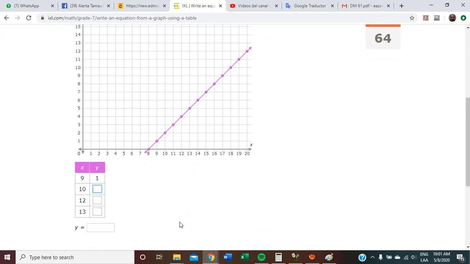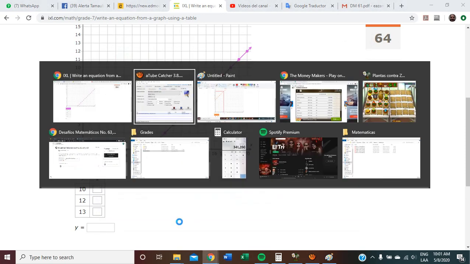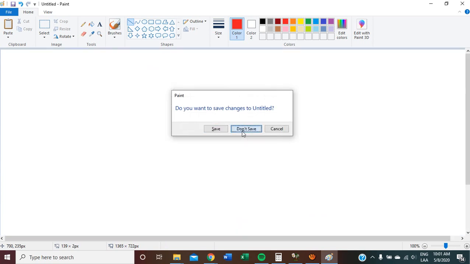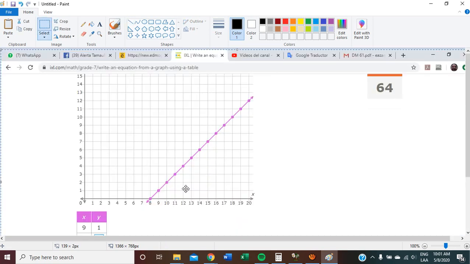Okay, here one of the keys to solve this pretty easy is, okay, let me go to Paint, start a new one, and it is right here. The key is kind of in here, like in this point.